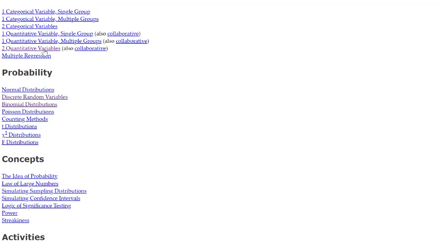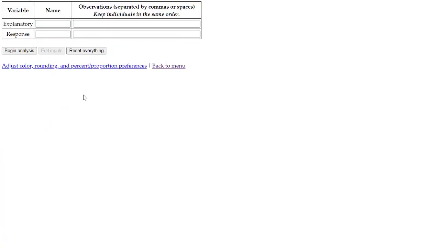So what we're dealing with here is two quantitative variables. Remember, bivariate data, and it's quantitative. So our first one is Celsius, the temperature. This explains how many days it takes for the first blossom. So you can just type the data in with either a space or a comma between them.